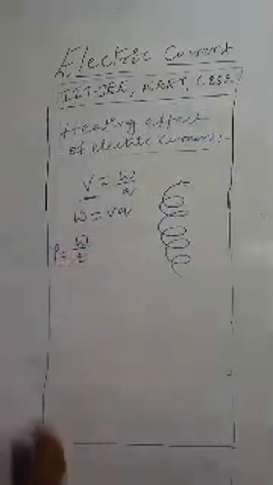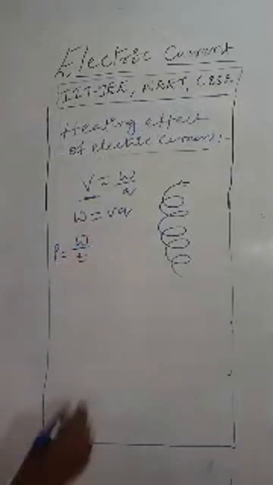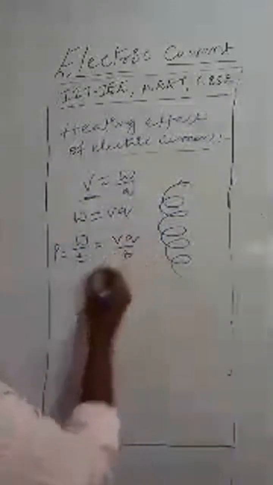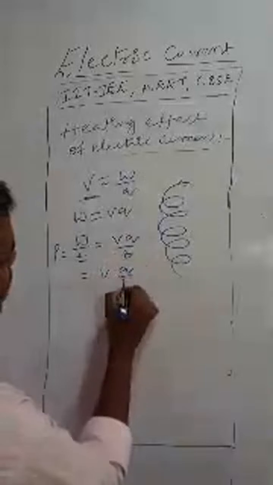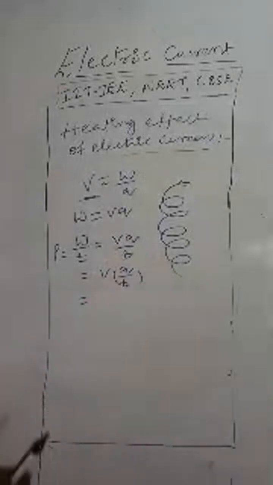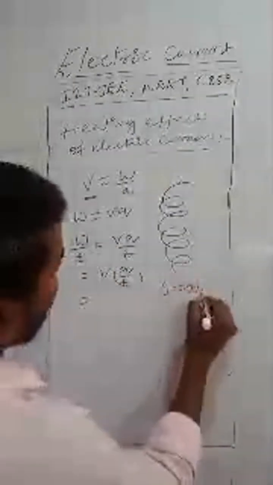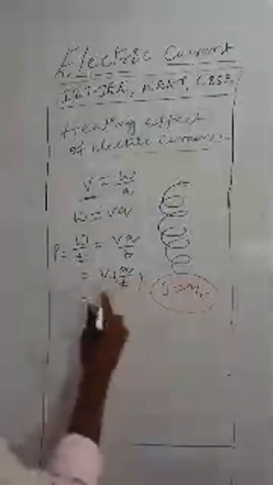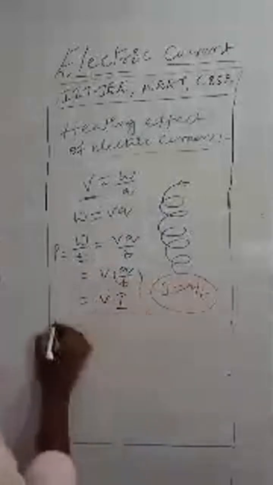That is the rate of doing work, which is power. So VQ by T, that is V into Q by T. What is Q by T? We know I equal to Q by T, the rate of flow of charge, which is electric current. So instead of Q by T we can write I. So P equal to VI.